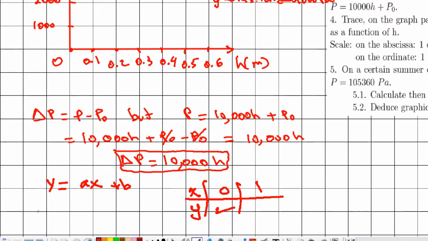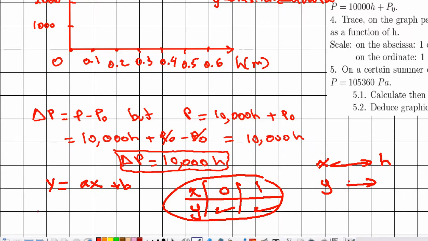Replacing x by 1 we can determine the value of y as well. So we need to construct a similar table, but for this equation, that allows us to plot the curve. So here, because x represents H and y represents delta P, the table that we are interested in constructing is H versus delta P.